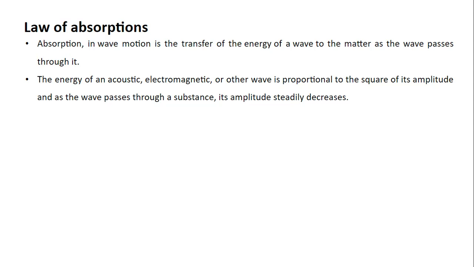So whatever the nature of your wave is, whether it is an acoustic sound wave or electromagnetic wave or any other sort of transfer of energy, if it is passing through a substance, through a material, its intensity decreases gradually. By what extent? By an extent proportional to the square of its amplitude.